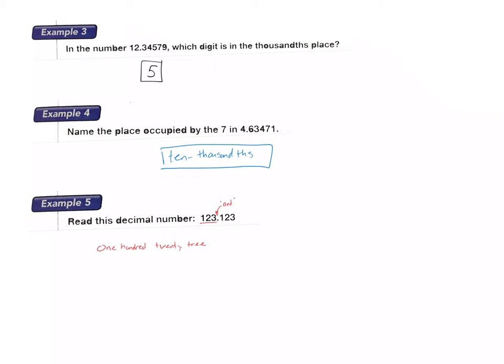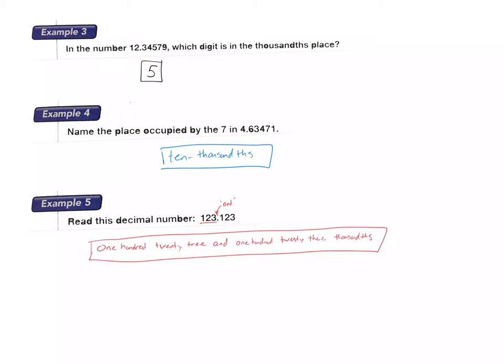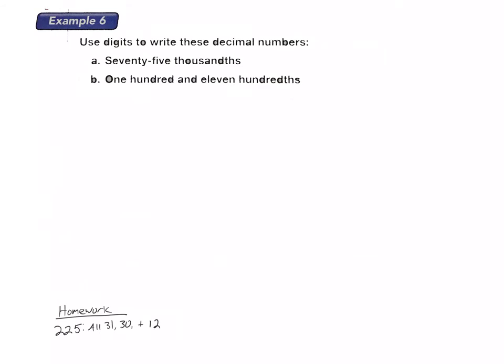Then we say the word and. Then we would read this number, and then name the place value of the furthest one to the right. So this is 123 thousandths. So 123 and 123 thousandths.